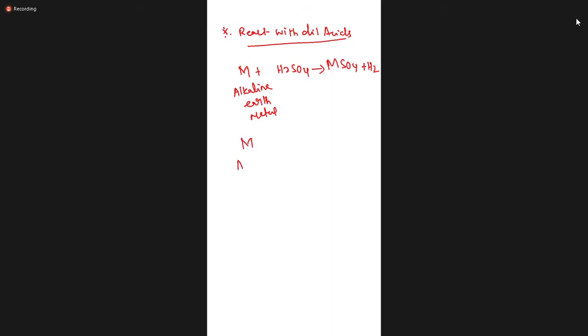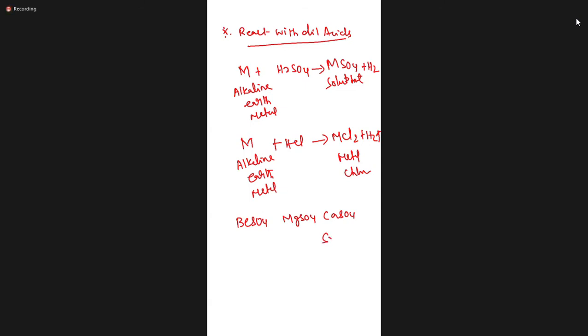Alkaline earth metal reacts with HCl to give MCl2 plus H2 gas. So metal sulfates and metal chlorides will form. Metal sulfates means BeSO4, MgSO4, CaSO4, SrSO4.